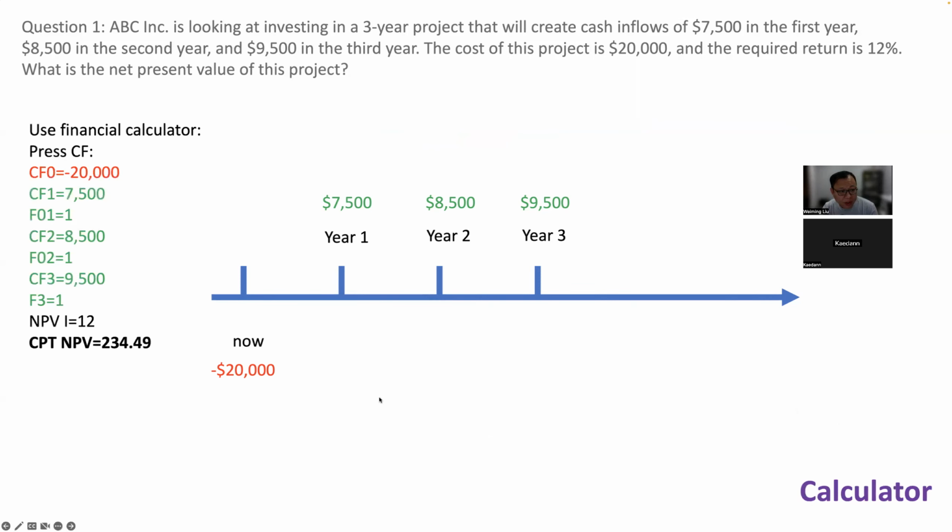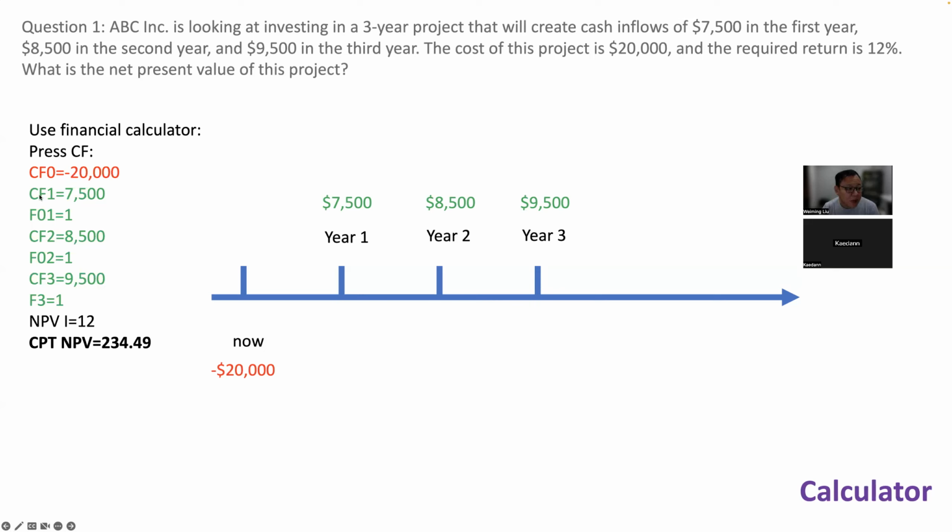Okay, so how are we going to do that? So you first press the button on your calculator, CF, that's representing cash flow, right? You press the cash flow, and then the first one would be CF0. CF0 is the initial cash flow, which is a negative number, negative 20,000.